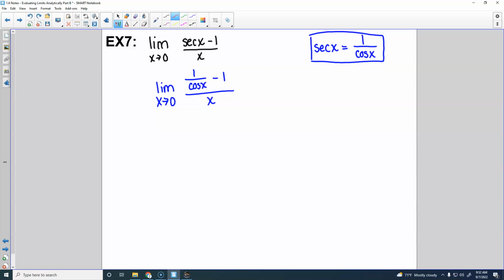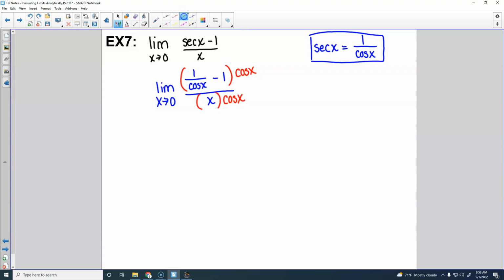You can either get common denominators here in the numerator and then flip and multiply. My personal favorite, though, especially when the denominators are simple like this, is just to multiply the top by that denominator and the bottom by that denominator. It'll save you a step on your simplifying.